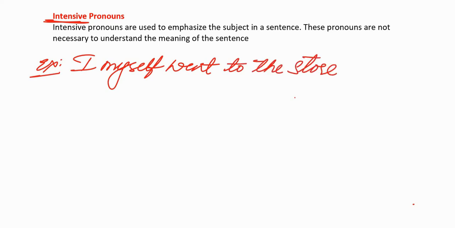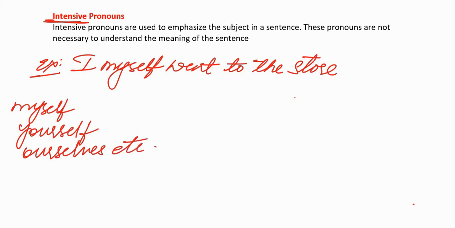Now intensive pronouns may appear quite similar to reflexive pronouns because intensive pronouns are also myself, yourself, ourselves, etc. But the difference between intensive pronouns and reflexive pronouns is that intensive pronouns are not necessary to understand the meaning of the sentence. Here if we read the sentence, I myself went to the store.